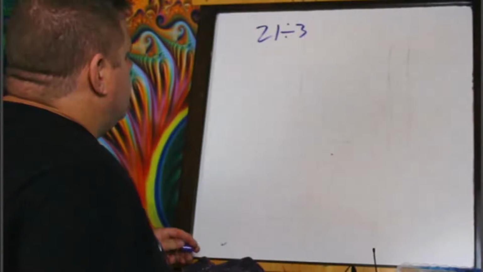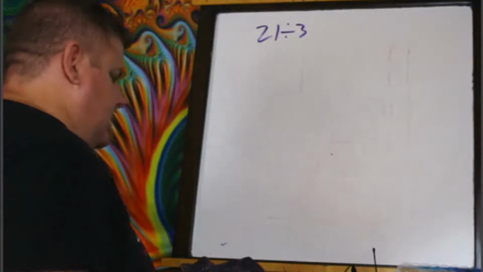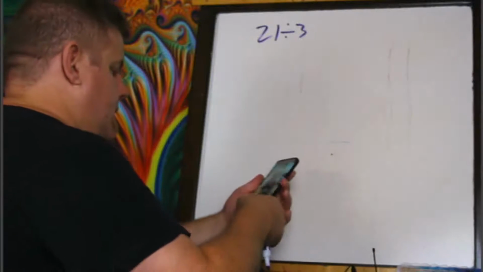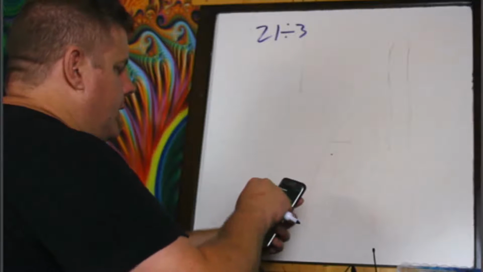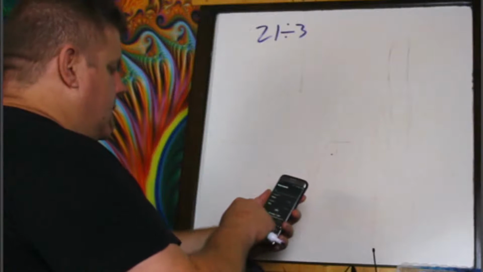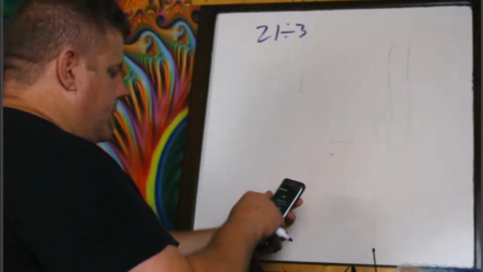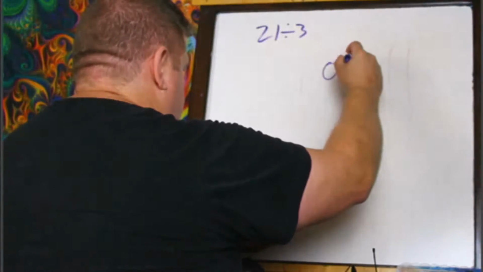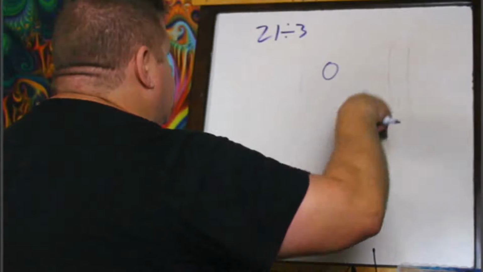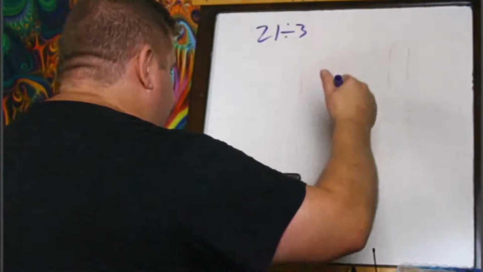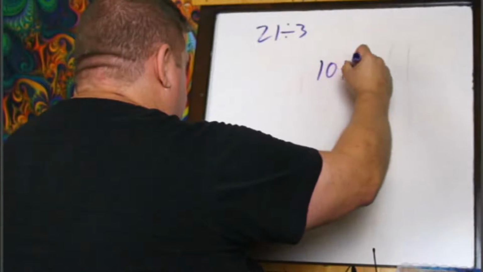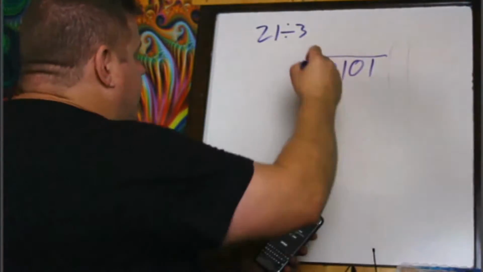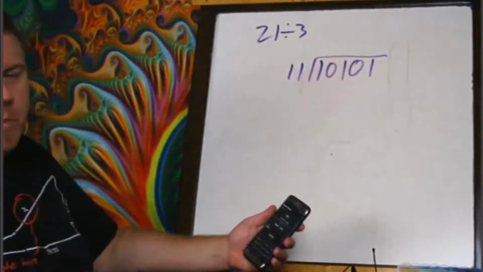If I use my converter, because we can do that in chapter 7 now, and we're not in chapters 1 and 2 anymore, I'm going to take the number 21, convert it to binary. This time we don't need the 2's complement, so I'm just going to write 1, 0, 1, 0, 1. Okay, that's 21. The number 3 is 1, 1.